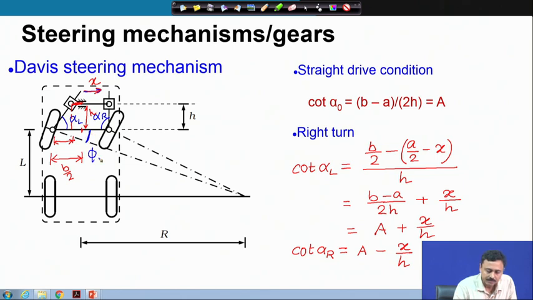This is phi L and this is phi r. As per our definition, we have to determine a relation between phi L and phi r. Now, what is this phi L? Remember that initially in the straight drive condition, this arm was oriented like this.